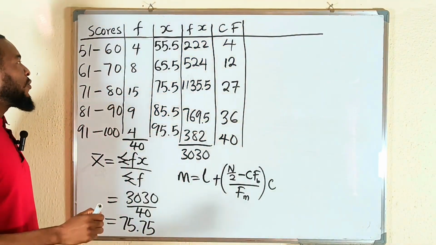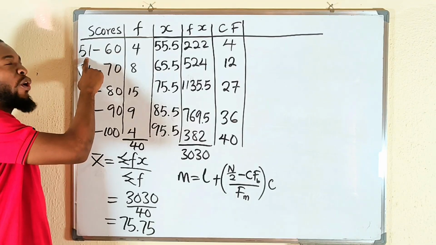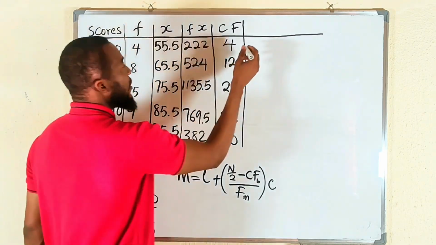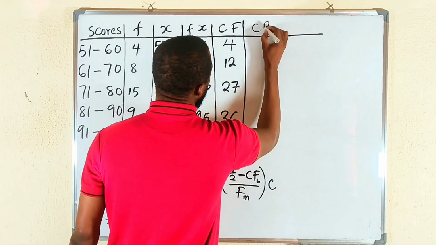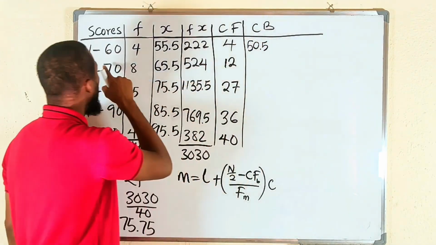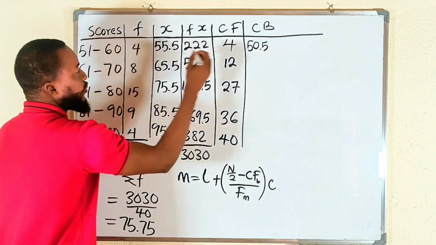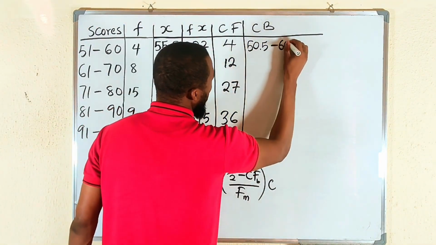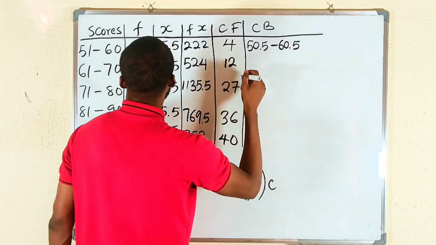To form the class boundaries, all you have to do is to remove 0.5 here, and add 0.5 here. So for class boundaries, we're going to have 50.5 if you take away 0.5 here. Then you add 0.5 here, you're going to get 60.5, right? Do the same thing for all of them.